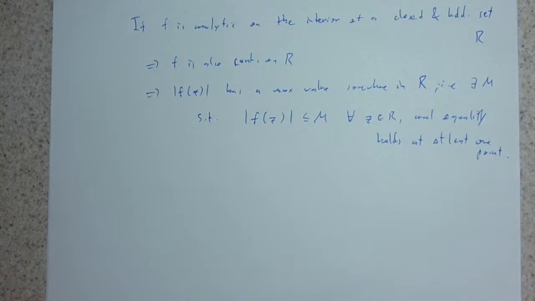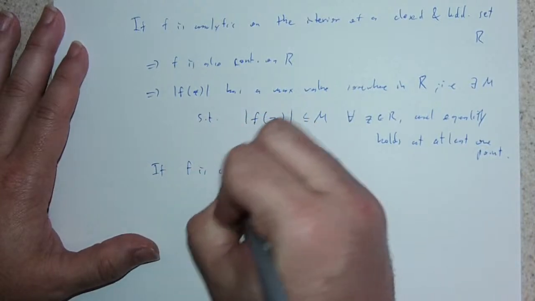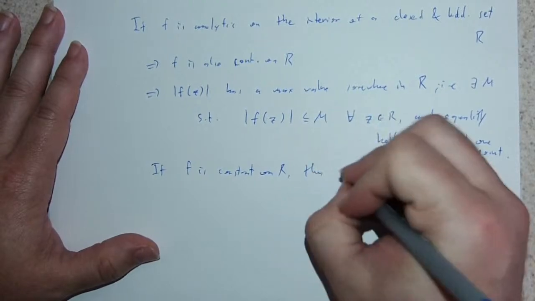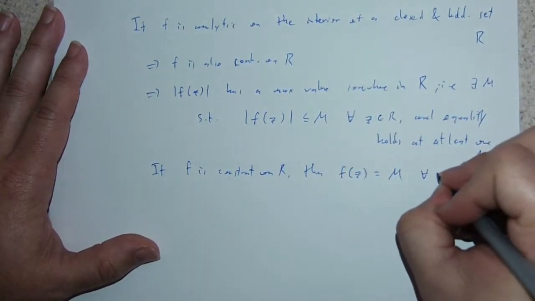Now, if f is constant on R, well then f(z) is just equal to M for all z, right?